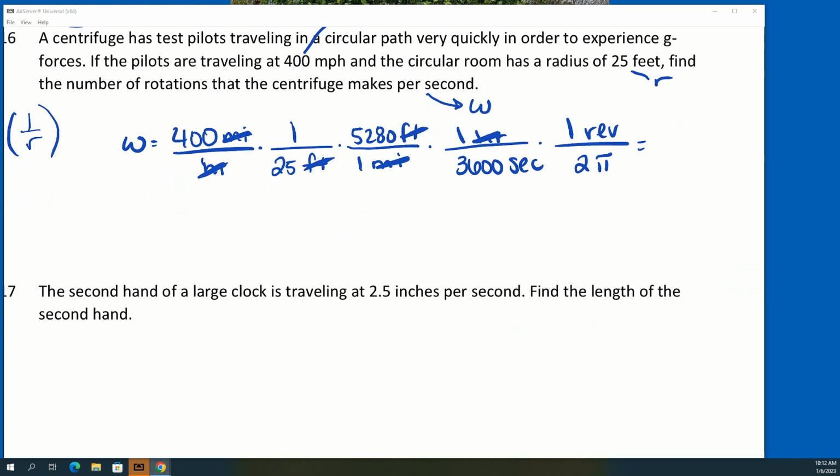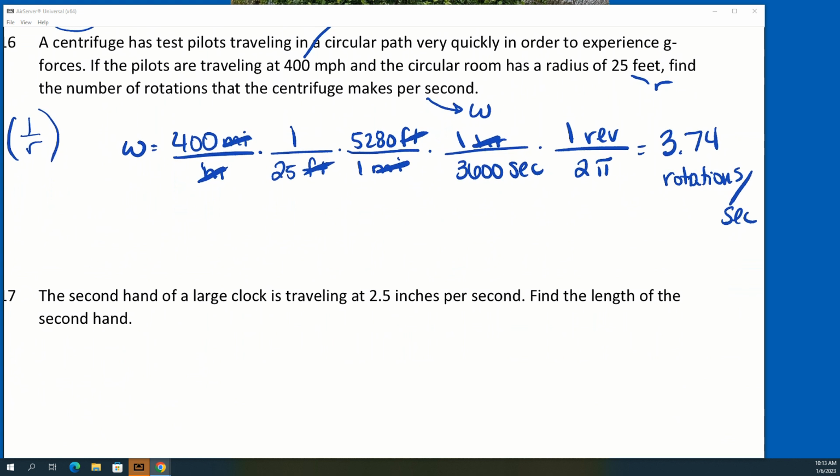So 400 divided by 25 multiplied by 5,280 divided by 3,600 divided by 6.28. And that's going to be 3.74 rotations per second, or revolutions. It's pretty fast.